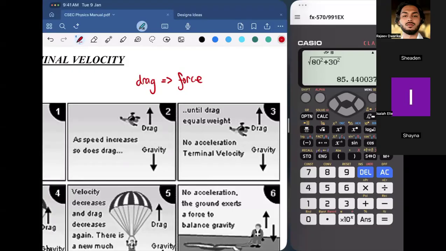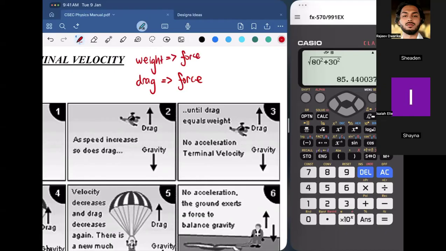What is weight an example of? Weight is also a what? The force, well, the force of gravity acting on the object. So weight is a force, right?